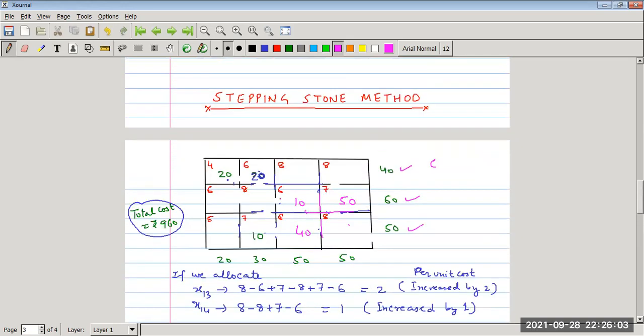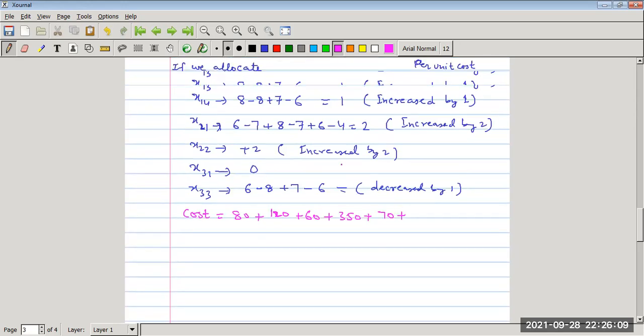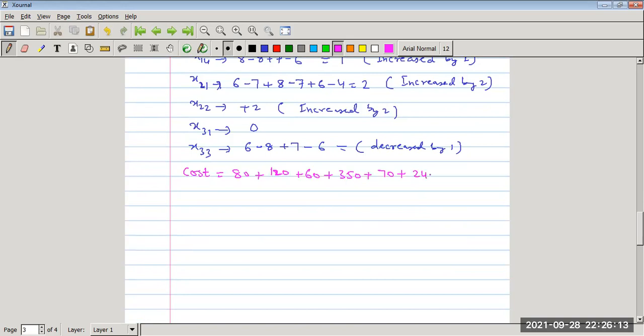Plus 10 into 7, it is 70. Plus 14 into 6, it is 240. So it becomes 200, 260, 560, 610, 680, 880, 920. So we get rupees 920.